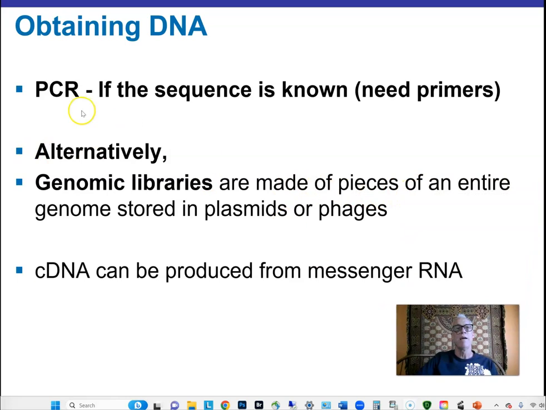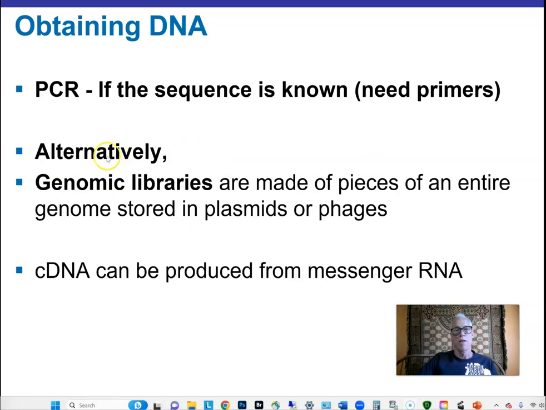So, obtaining our DNA of interest to insert into a plasmid or into a virus vector. We need some primers if we're going to do PCR, or we can make a genomic library. That's a whole other way of getting a gene of interest so that we can use it for our purposes.